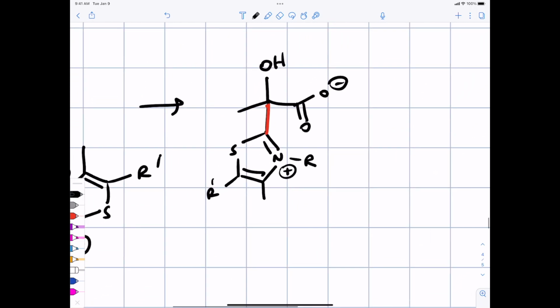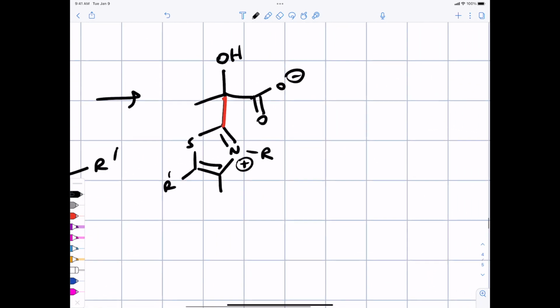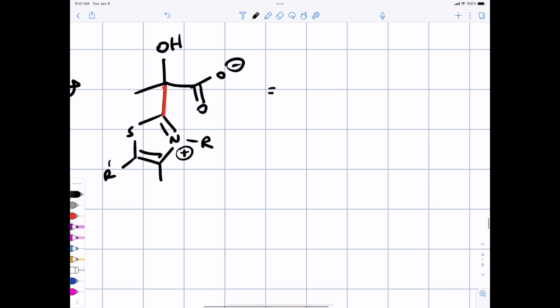Let's look at how the structure of this molecule has changed. And in fact, it might be worthwhile redrawing the molecule.